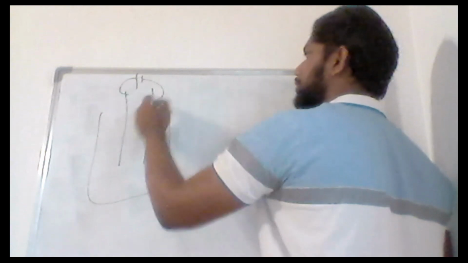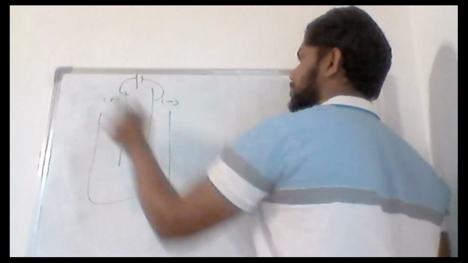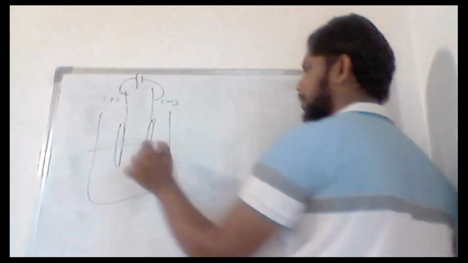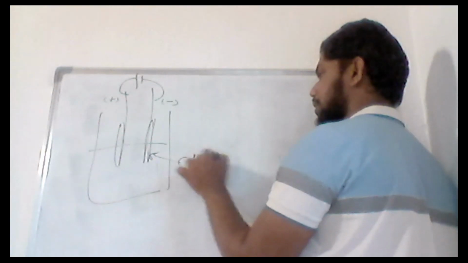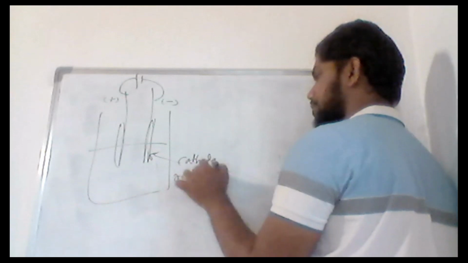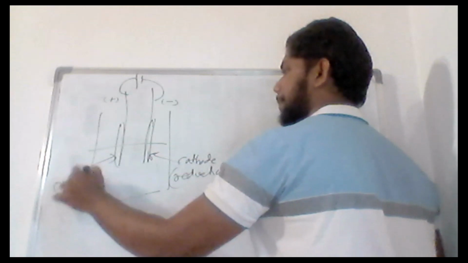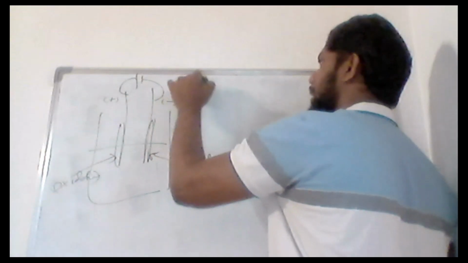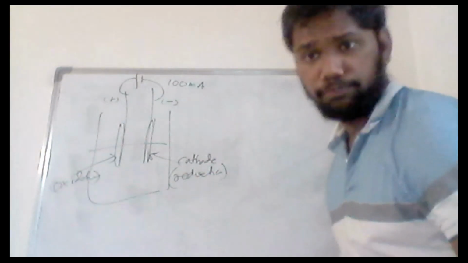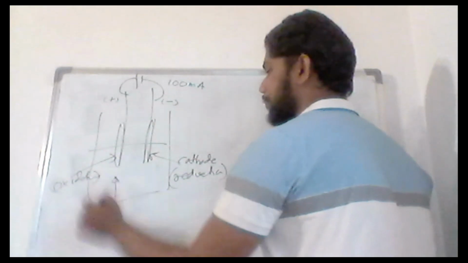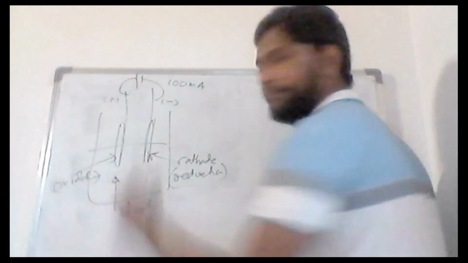The negatively charged side should be this, and the positively charged side should be this. This is the place where our cathode lies, and the reduction is going to happen. And this is the place where the oxidation is going to happen. The current that is going is 100 milliamperes, which is given, and we have used 1 dm³ of the sample.